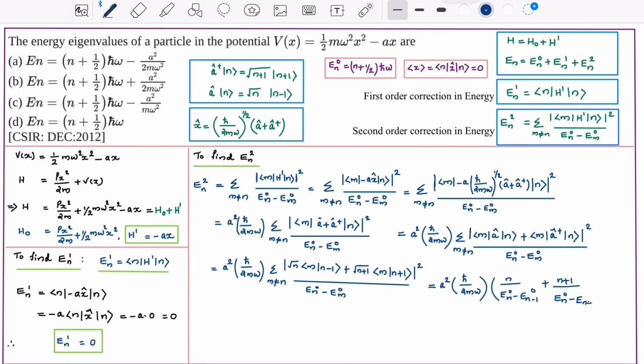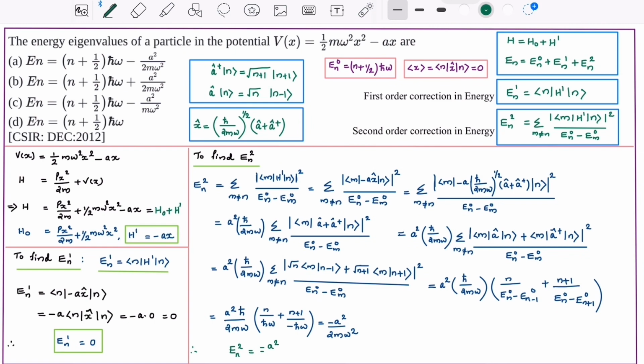This is the final answer, and after simplification, this is a square h bar by 2m omega, then n divided by h bar omega plus n plus 1 divided by minus h bar omega, and that is nothing but minus a square divided by 2m omega square. That is, the second order correction in energy is minus a square divided by 2m omega square.